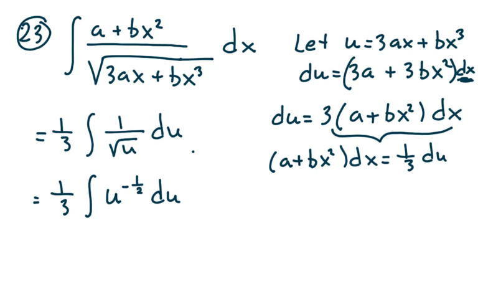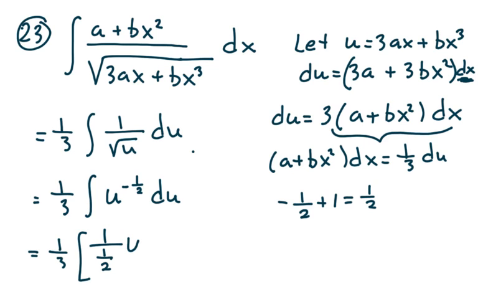Now remember, negative 1/2 plus 1 is a half. And so this is 1/3 times 1 over a half u to the half plus c. Now, when you divide by a fraction, you multiply by the reciprocal.